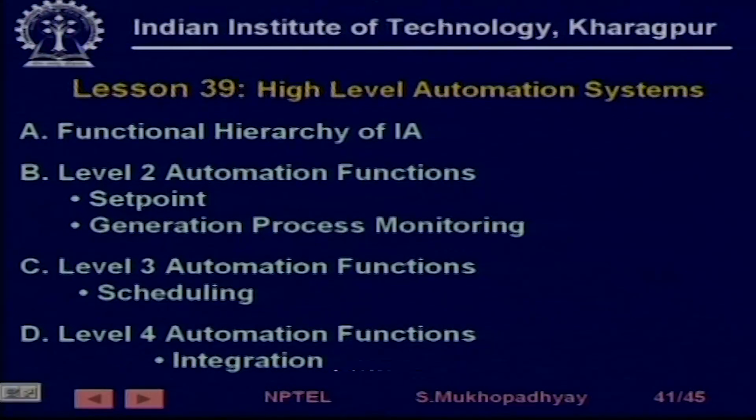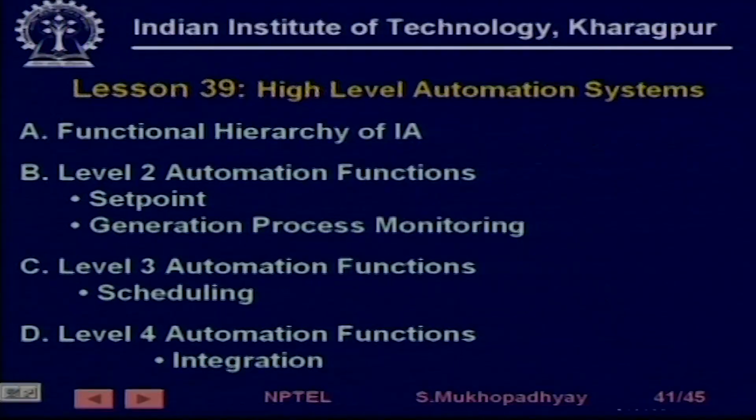If you want to know how to do set point optimization, then you have to talk about set point optimization for either a distillation column or a boiler or whatever. So, they become very process specific and therefore difficult to discuss in a course. So, in the penultimate lesson, the basic features of supervisory control and manufacturing management were discussed.